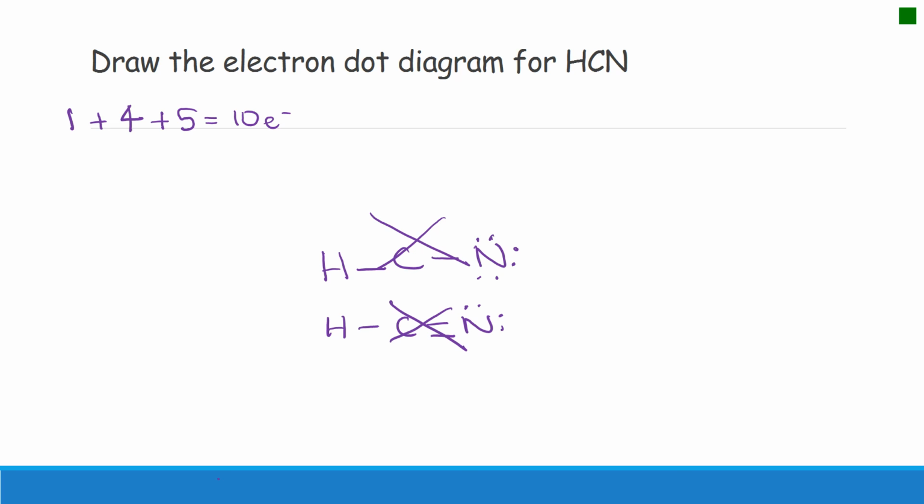No, it doesn't. It's wrong. Try again, this time with a triple bond to nitrogen. 2, 4, 6, 8. Check our electron count, 2, 4, 6, 8, 10. We've used all our electrons. Does our central atom have 8? 2, 4, 6, 8. Yes, it does.